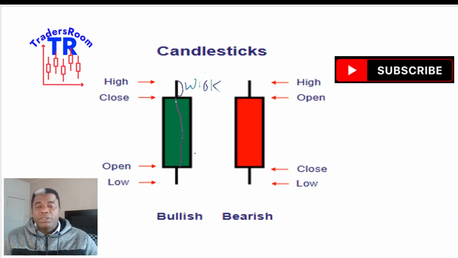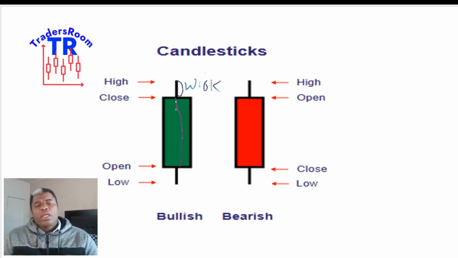What is the psychology behind these two candles, whether red or green? So the psychology of this candle is that when the market opens, let's say for example the time frame of all the candles we are going to use today is a day. Let's say in the morning when it opens here, by the time it opens, the buyers were buying.